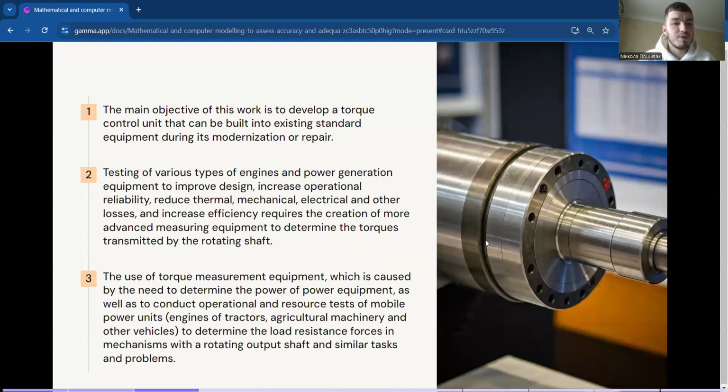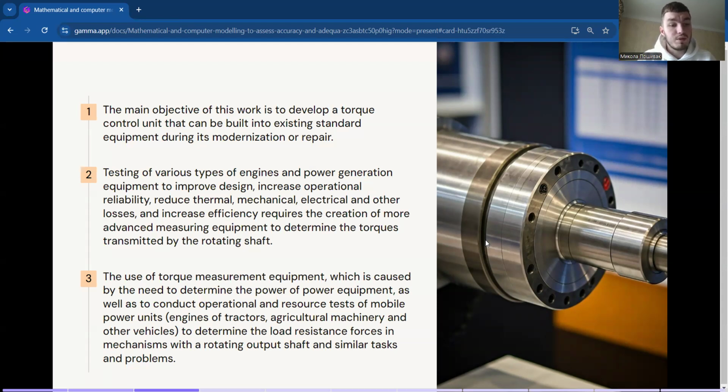The main objective of this work is to develop a torque control unit that can be built into existing standard equipment during its modernization or repair. Testing of various types of engines and power generation equipment to improve design, increase operational reliability, reduce thermal, mechanical, electrical, and other losses, and increase efficiency requires creation of more advanced measuring equipment to determine the torques transmitted by the rotating shaft.